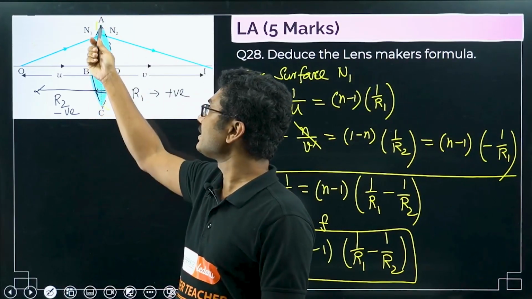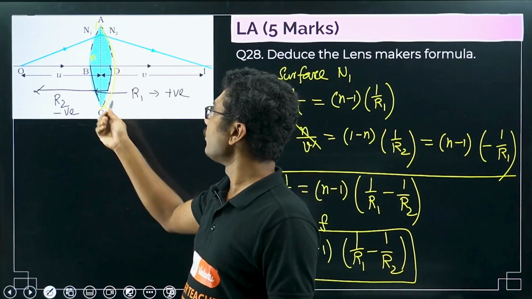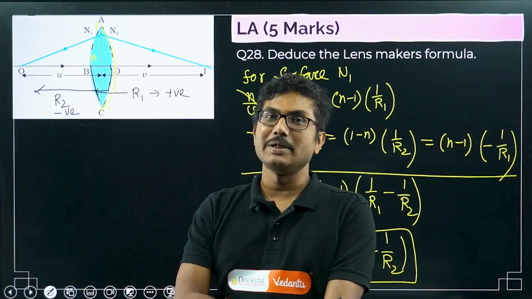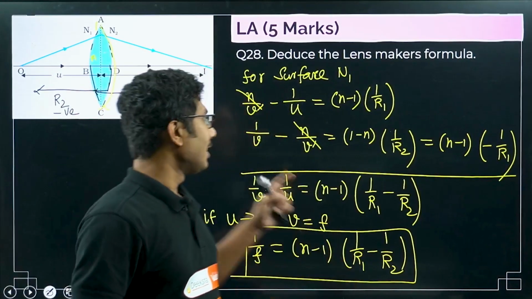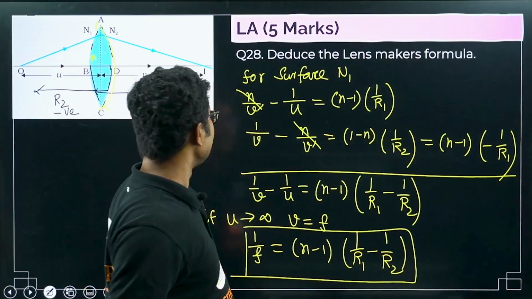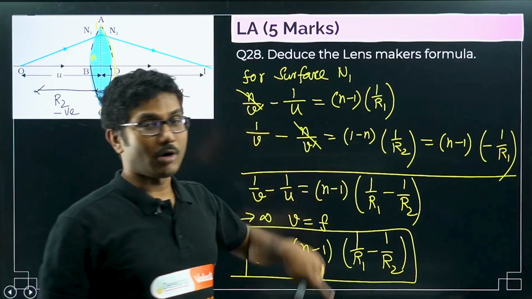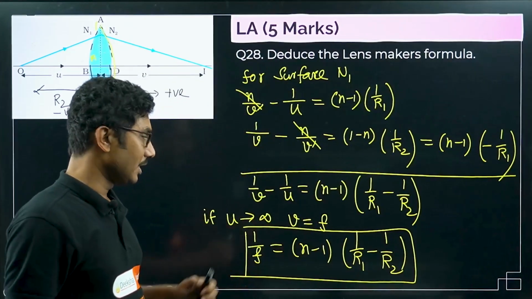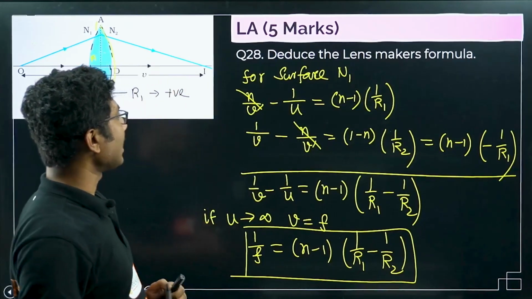Okay, this surface is not seeing this original object. This surface is seeing whatever image is being produced by this first surface, right? That is why we will use v dash for this, and this is the image for the first surface, and v dash will become the object for the second surface. Okay, clear? If you have any doubt, don't forget to mention that in the comment below.